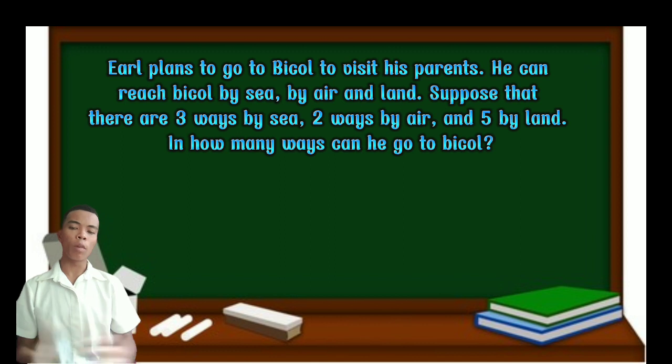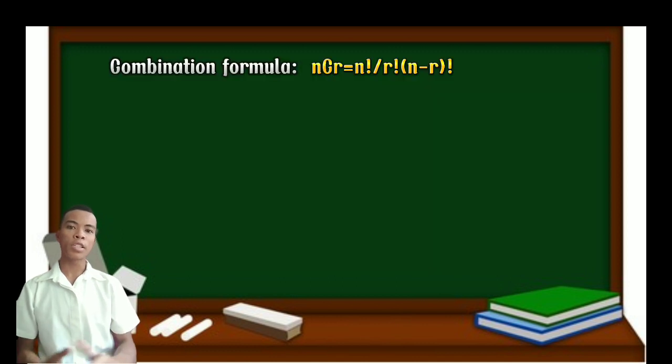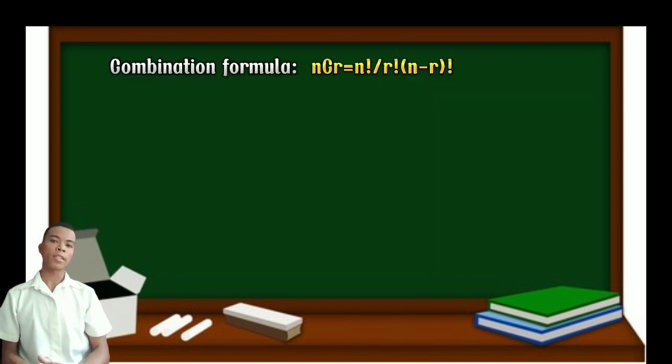So we will use the combination formula, which is nCr equals n factorial over r factorial times n minus r factorial, where n is the total number of objects in a set while r is the number of objects selected. We'll just substitute the given values. Our n is 10 and our r is 3.